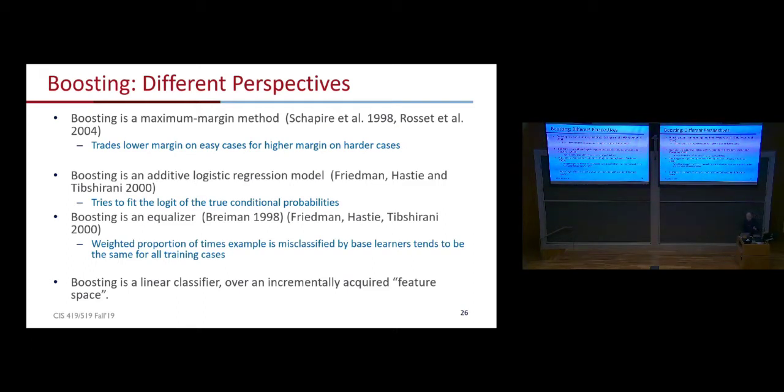It's really a linear classifier, very similar to the one that you played with in homework 1. The difference is that there you basically learn the weights of the weak hypotheses, let's call them. It was small decision trees. You learn all the weights together with stochastic gradient descent. Here, we incrementally learn the weights as we introduce the hypotheses.